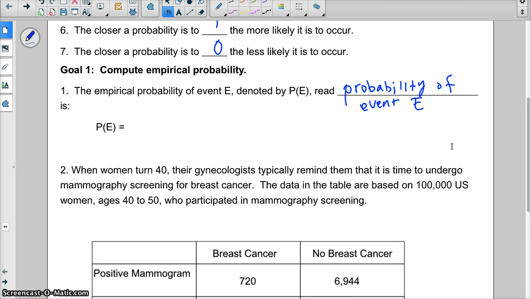So our formal definition, the probability of an event, is the number of successful outcomes over the total possible outcomes.